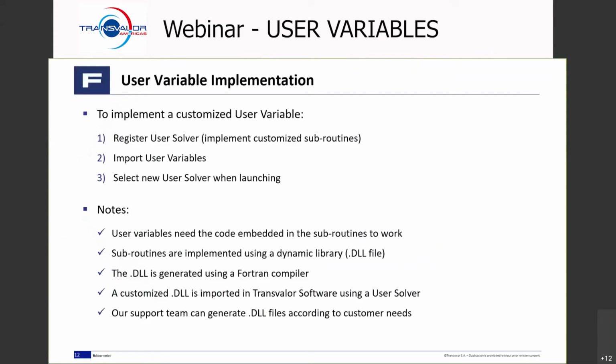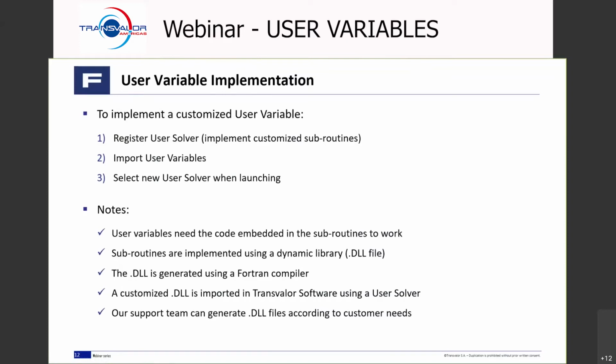We're going to talk about the main steps to implement these files. I am not going to explain how to create both user variables and user routines. This is once they have been created. Once we have the required files, we will have to follow these 3 steps. We'll have to register a user solver. This is what we will do to implement the subroutines, the coding behind our user variables.